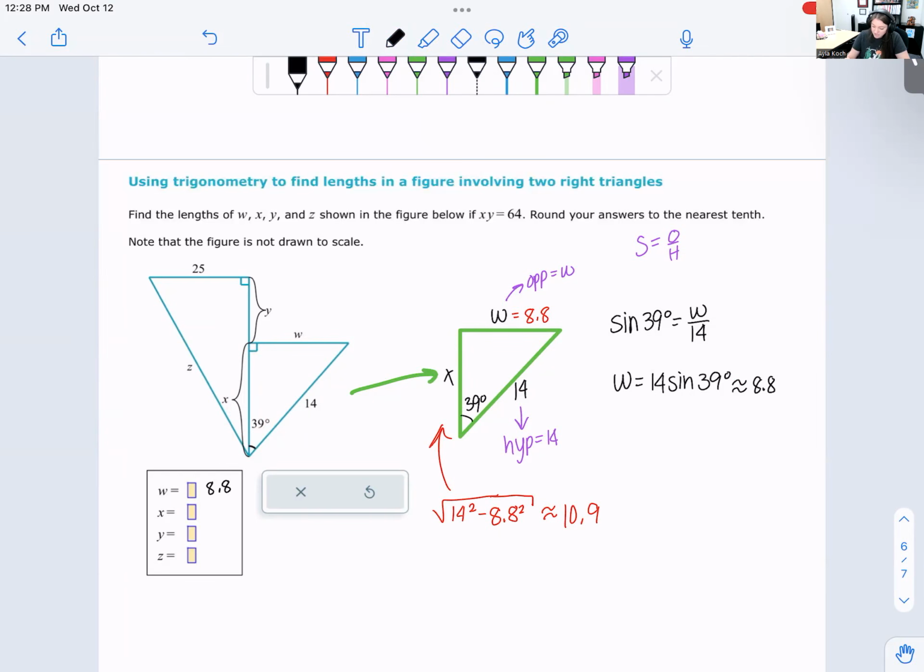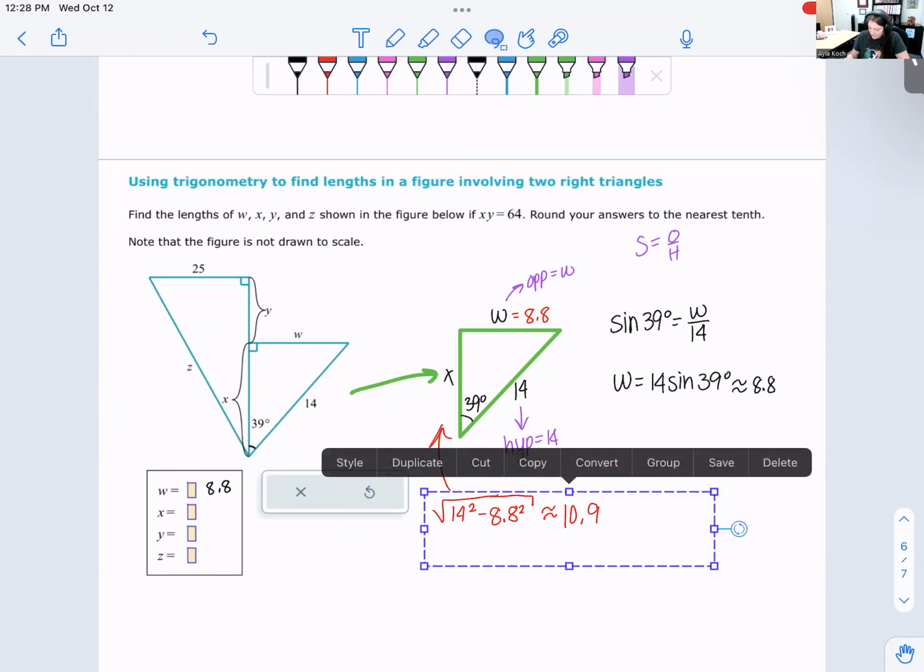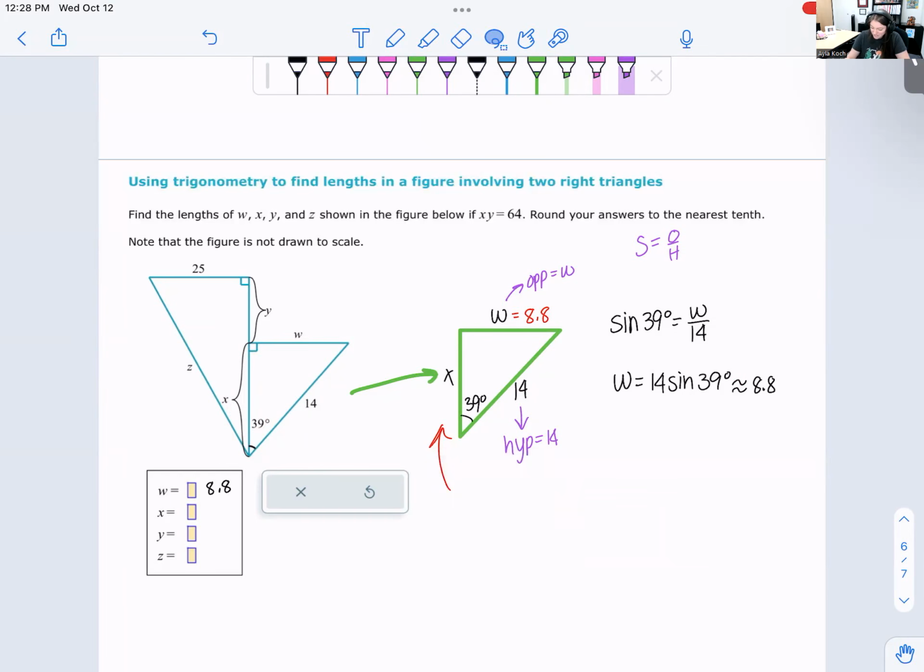Alternatively, instead of using the Pythagorean theorem, I guess what I could have done, maybe I should have done that. That's what I should have done. This is what you get for getting a raw video of me doing a problem for the first time. Instead of using the Pythagorean theorem, I really should have just set up my triangle and used SOHCAHTOA because this is an adjacent side. So the adjacent side is X. We have an adjacent and a hypotenuse.